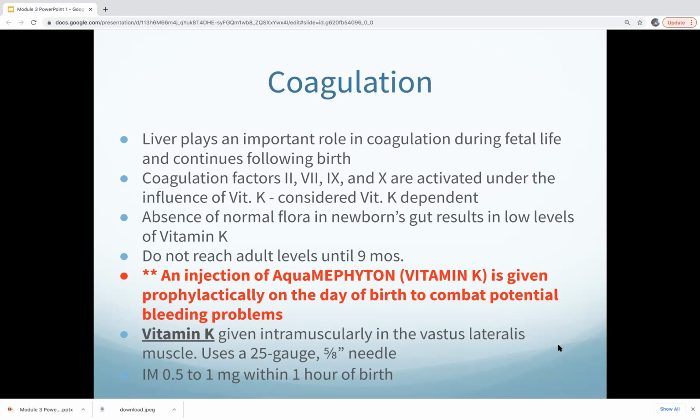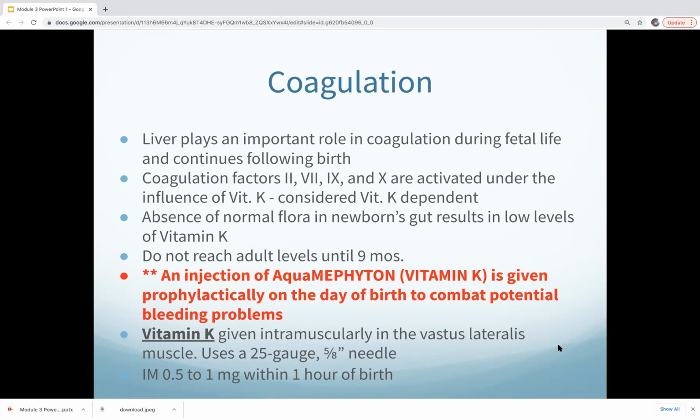Your role as the nurse is educating the parents that this is not a vaccine, because a vaccine, parents need to sign and give permission for, correct? So this is to help the baby clot, okay? An injection of vitamin K is given prophylactically on the day of birth to combat any bleeding potentials.